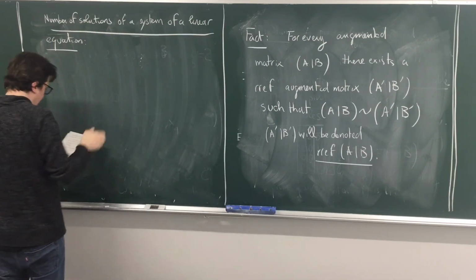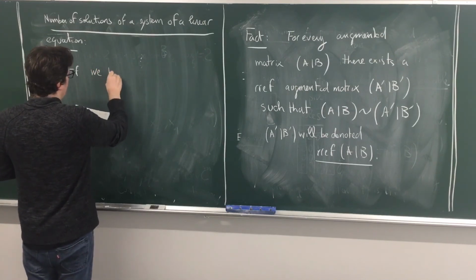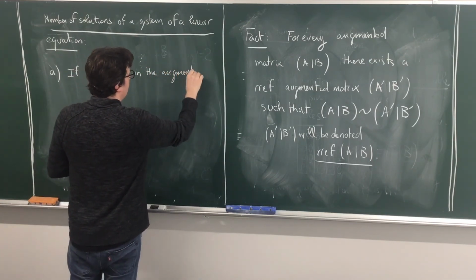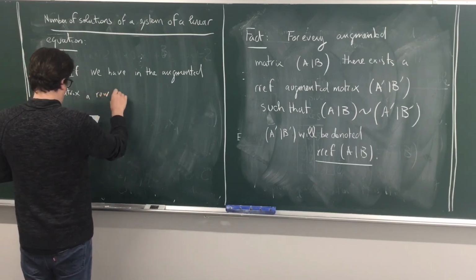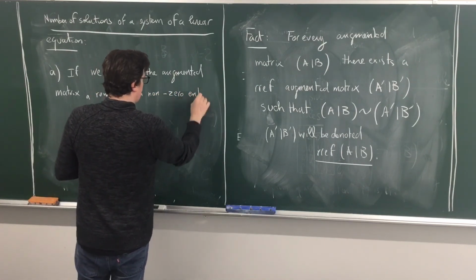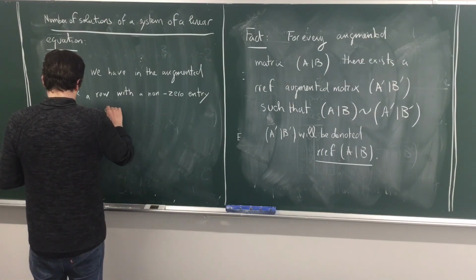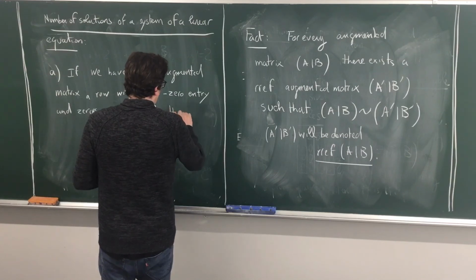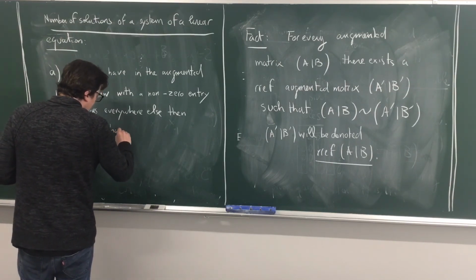Okay, so first of all, if we have in the augmented matrix a row with a non-zero entry and zeros everywhere else, then the system has no solution.